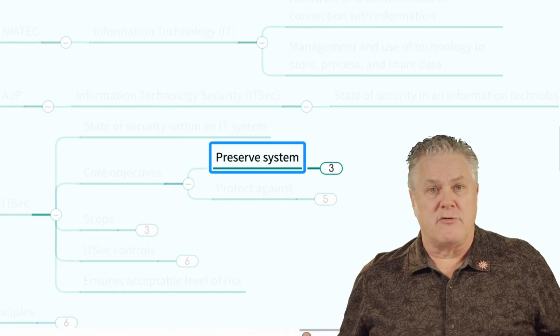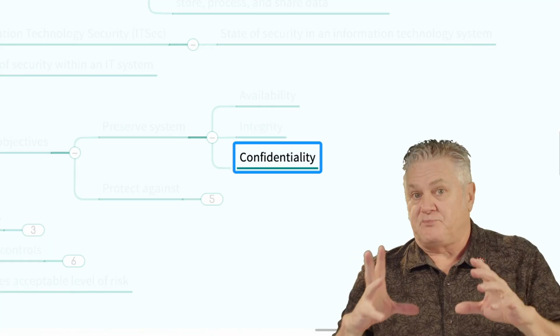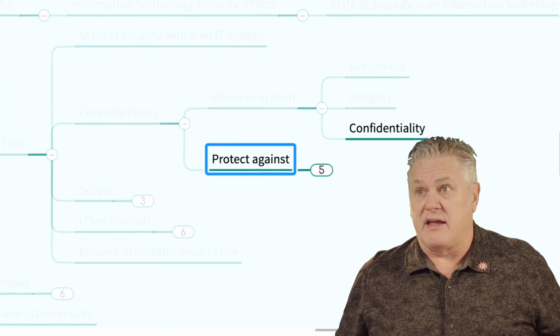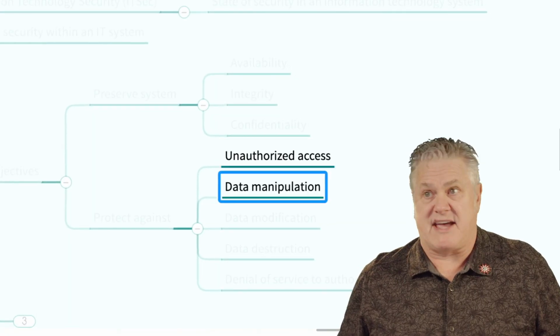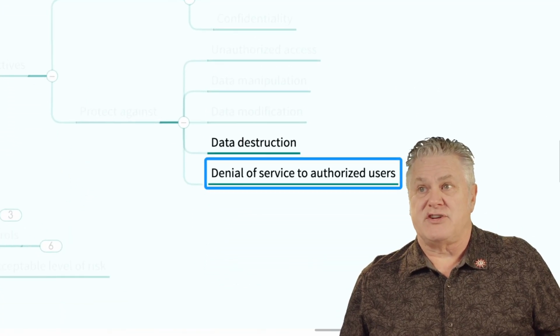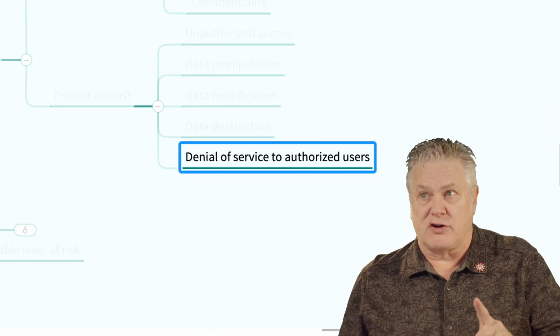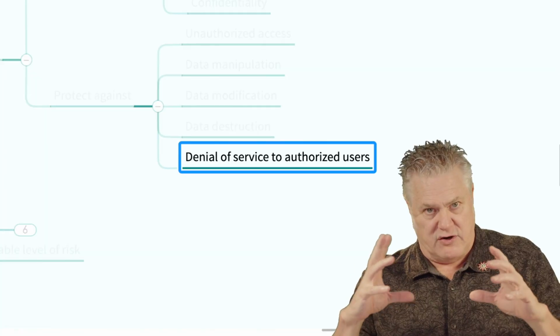We want to preserve the system's availability, integrity, and confidentiality. Those are the resources that we like. We want to protect against the opposite of those things: unauthorized access, data manipulation, data modification, data destruction, and denial of service to authorized users. Those are the inverses of each other, and that's fine.